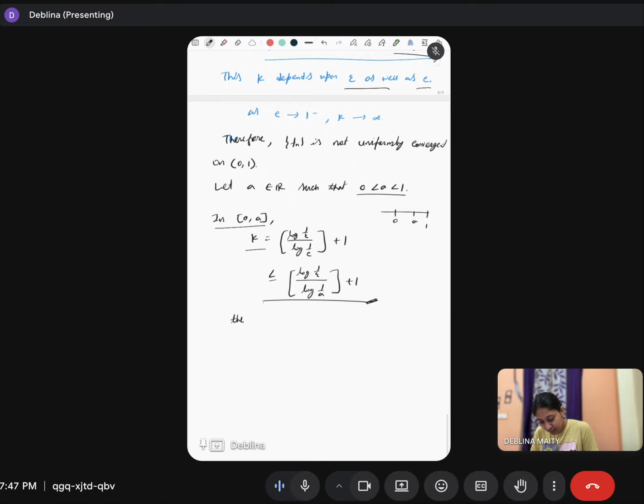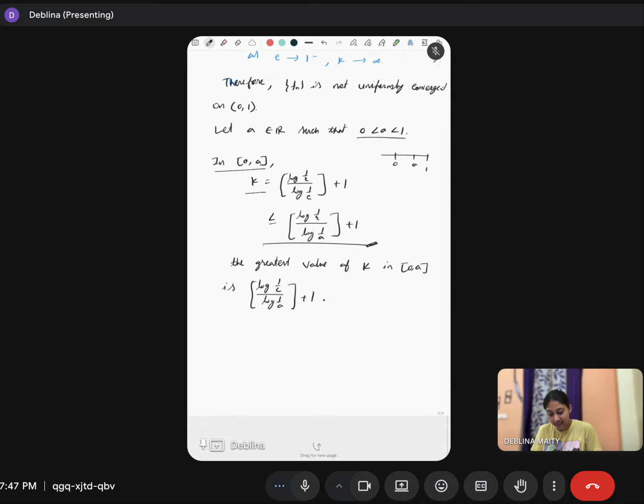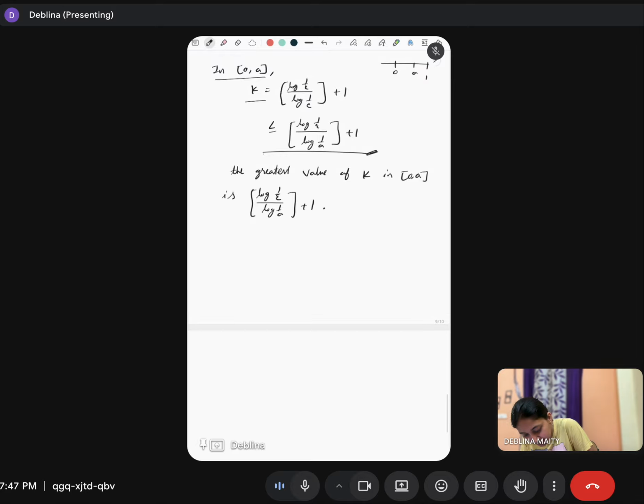So the greatest value of k in this section, when x is in this portion, is log 1 by epsilon by log of 1 by a, plus 1, right? And this number depends on epsilon. This number is not depending upon the points between 0 to a.